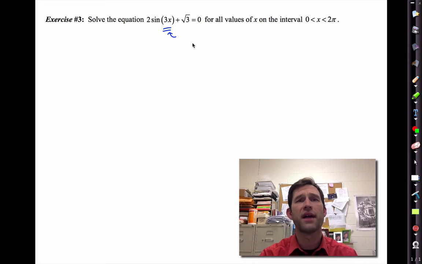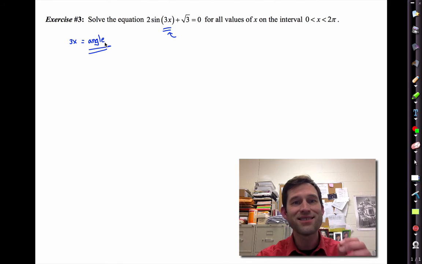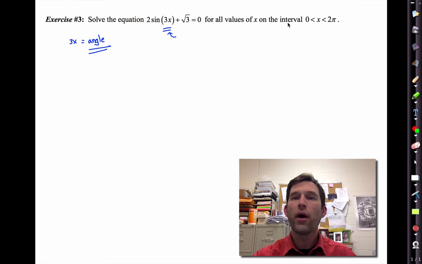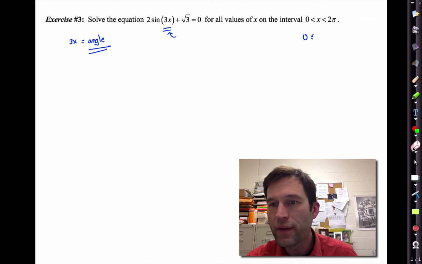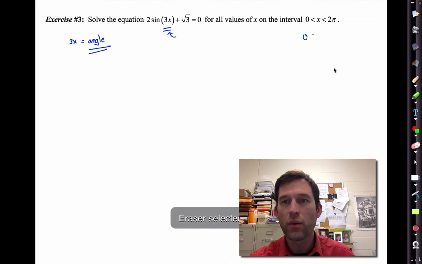I want you to look inside of that sine function. What you see is 3x, and 3x is what we're taking the sine of. So that is actually the angle. Okay, x is not the angle. 3x is the angle. So what I always ask students to do when they do a problem like this is immediately, let me get rid of that little equal sign.